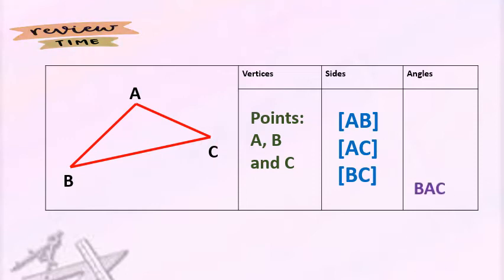Now we have angle BAC, and above it we put this sign which means angle, and we have angle ACB, and angle CBA, each with the angle sign.